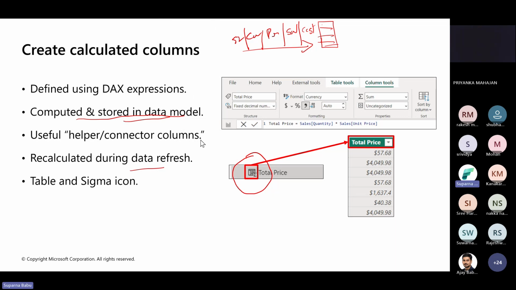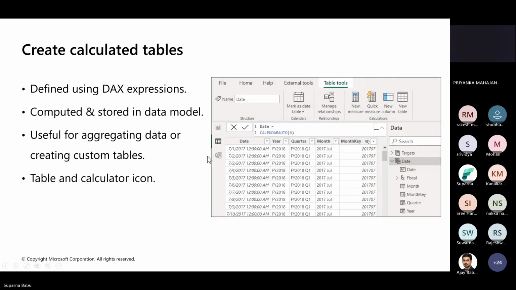Fine. Now let's see others. Now calculated tables. In this, you can directly create a table. Let's say with the help of CALENDARAUTO, I am directly creating a date table. It means that it is creating a separate table like this. This is a new table. Let's say there is a table with serial number, country, state, city, sales.